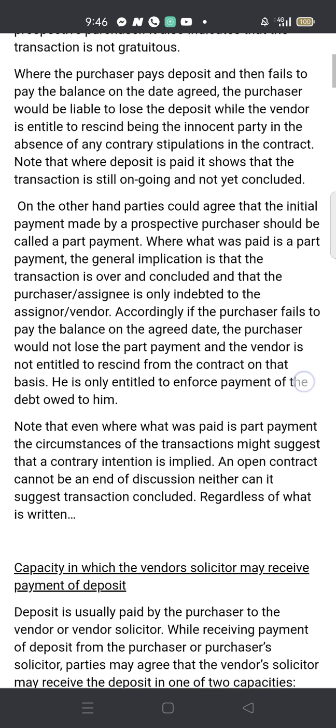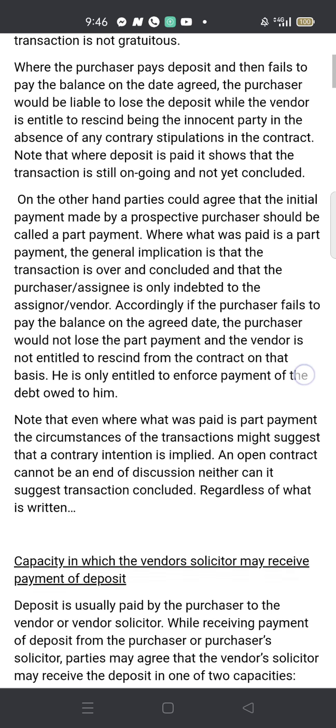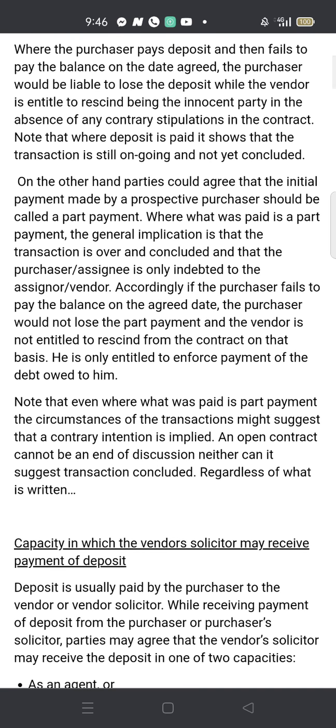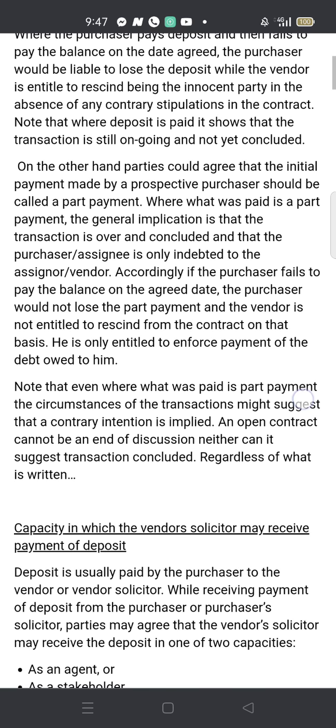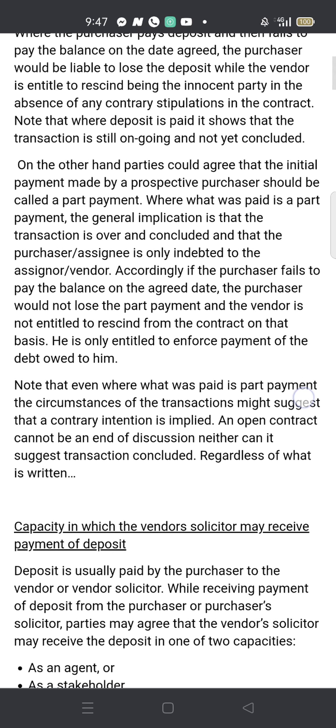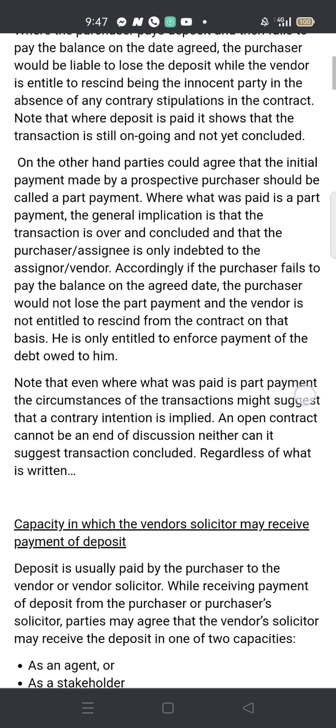Accordingly, if the purchaser fails to pay the balance on the agreed date, the purchaser will not lose the part payment, and the vendor is not entitled to resign from the contract on that basis. He is only entitled to enforce payment of the debt owed to him.